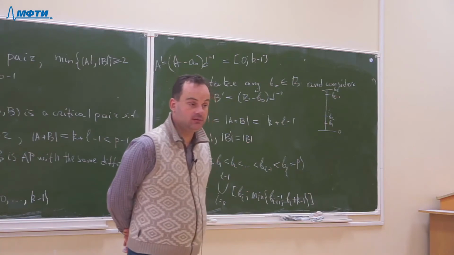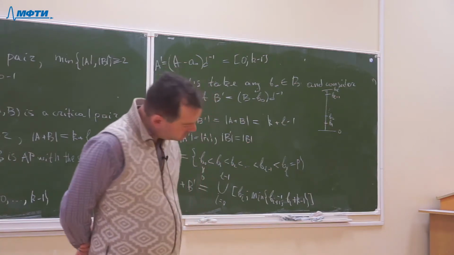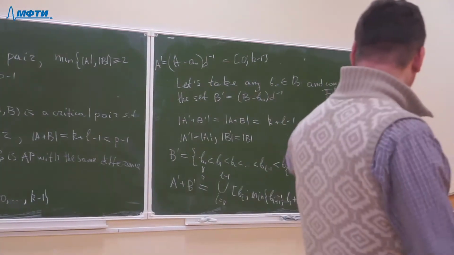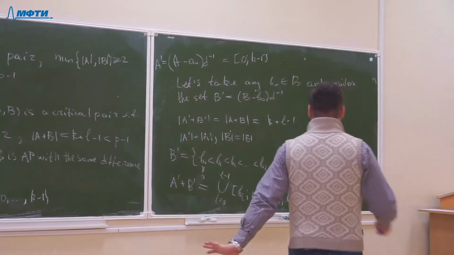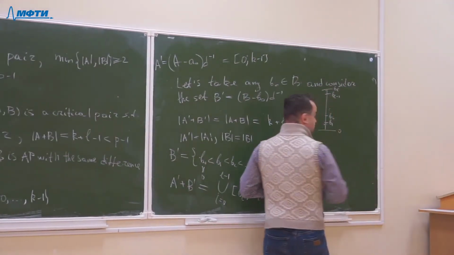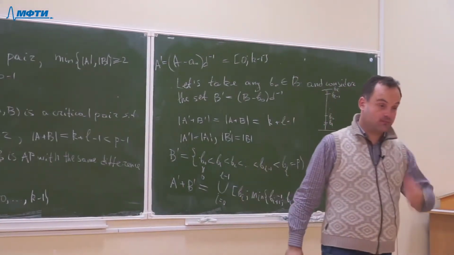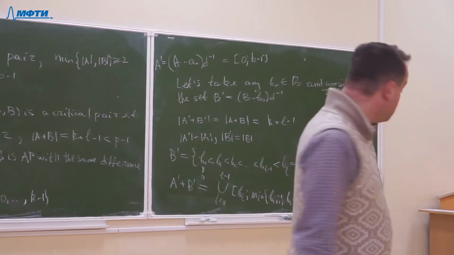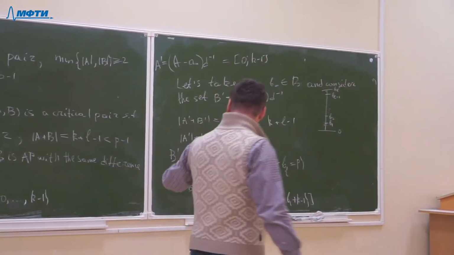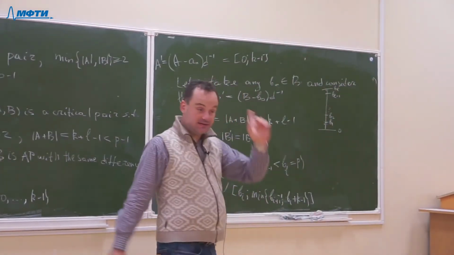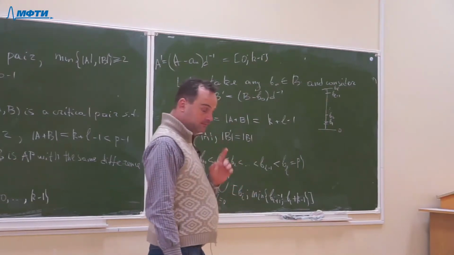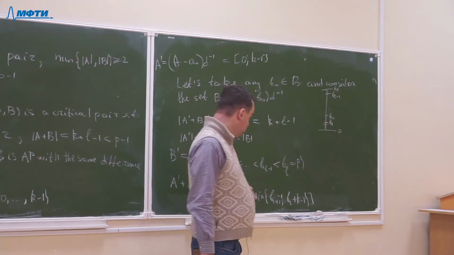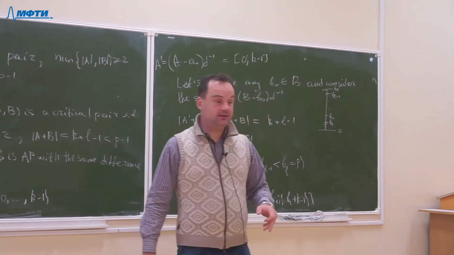Bi always will be inside A prime plus B prime, because A prime contains 0, so we already included this Bi, and we don't have to include it in the previous interval.